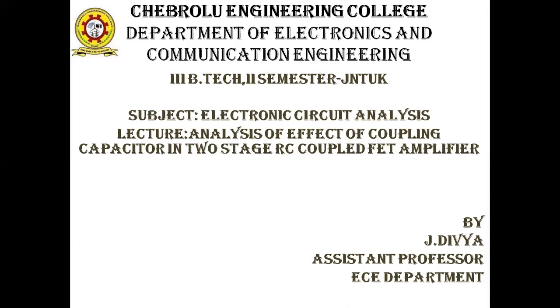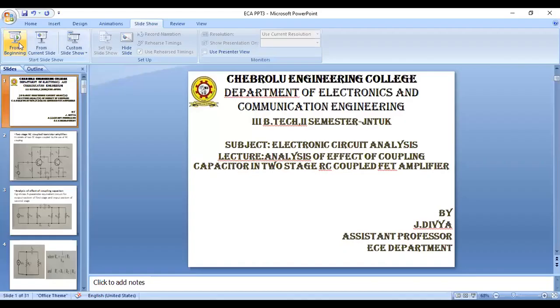When we couple two BJT transistors, what is the effect of the coupling capacitors at lower frequencies, at mid frequencies, as well as at higher frequencies, and what is the resultant gain in these ranges of frequencies? These topics we have already covered in the previous class.